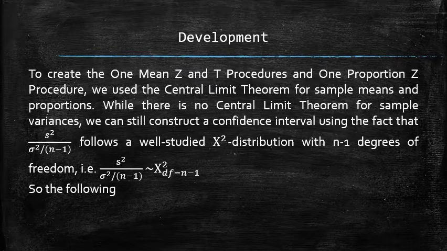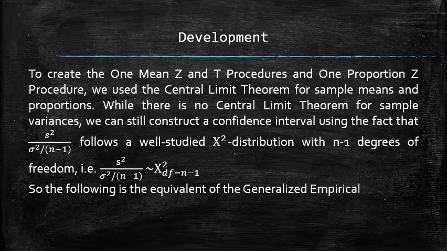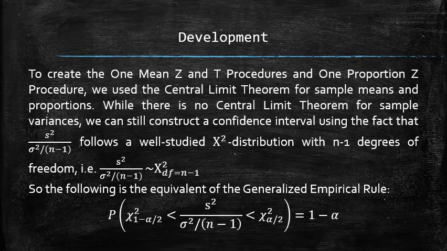So the following probability statement is the equivalent of the generalized empirical rule. It states that we are 1 minus alpha times 100% confident that the ratio is in between the two critical values, chi squared 1 minus alpha over 2 and chi squared alpha over 2.